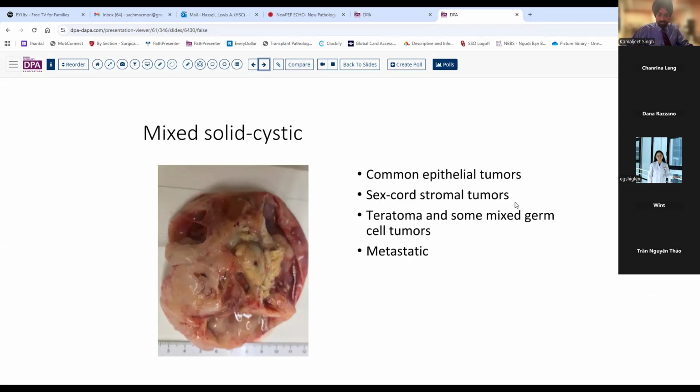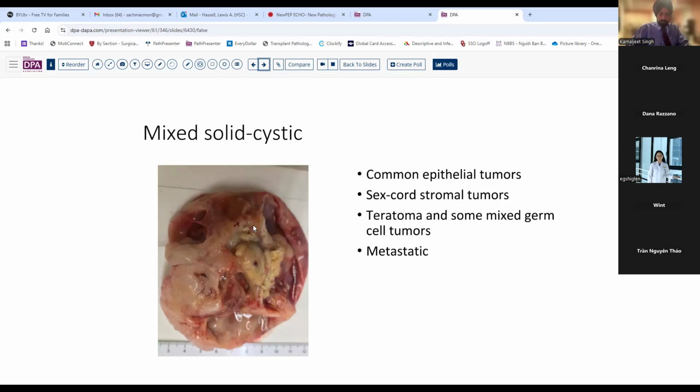You can have sex cord stromal tumors that have this mixed characteristic. Some teratomas and even mixed germ cell tumors can have this appearance, and metastasis. So you've got the full array of tumor types that can present in this sort of gross appearance. And that makes this one of the more difficult ones to evaluate.